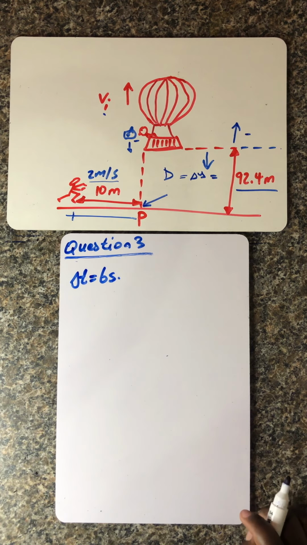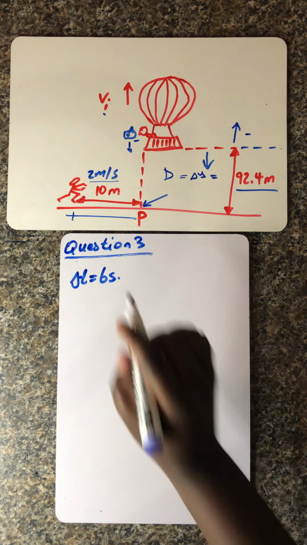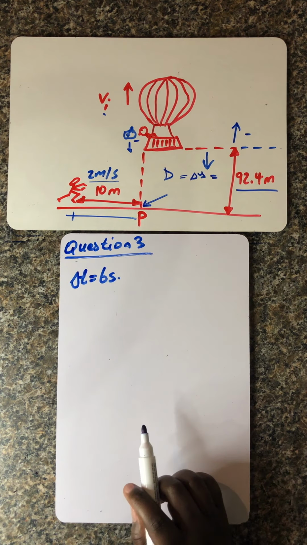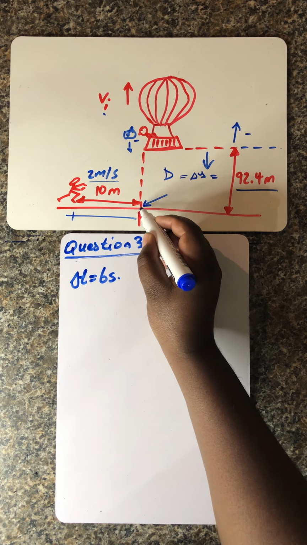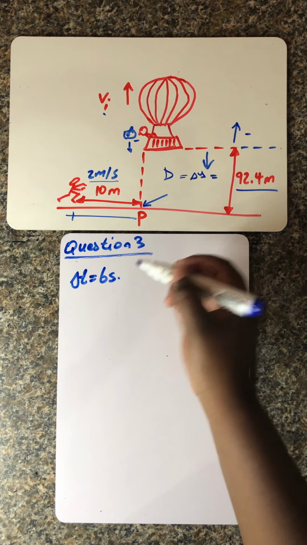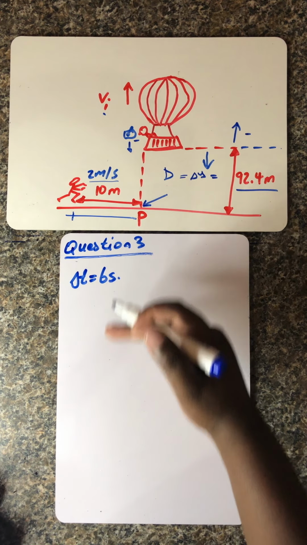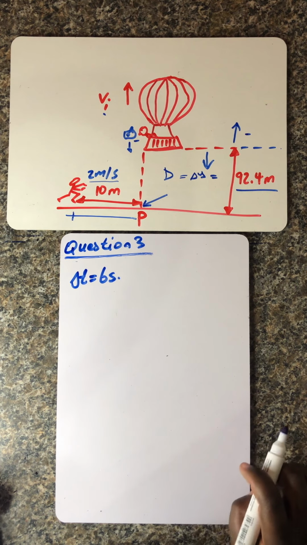Now we want to know whether this runner, who is 10 meters away, will get to point P after or before 6 seconds. If we can answer this question by means of calculations, we'll be able to conclude.